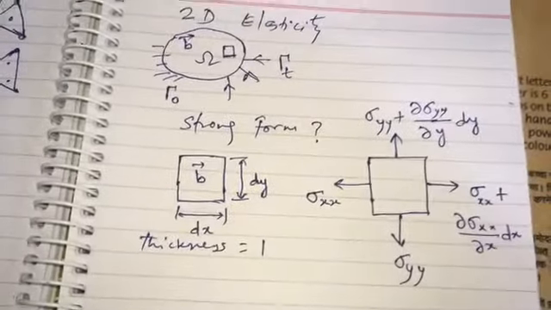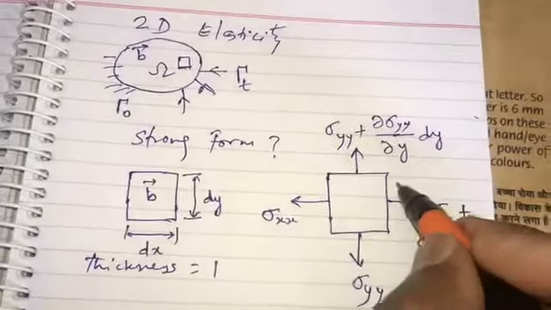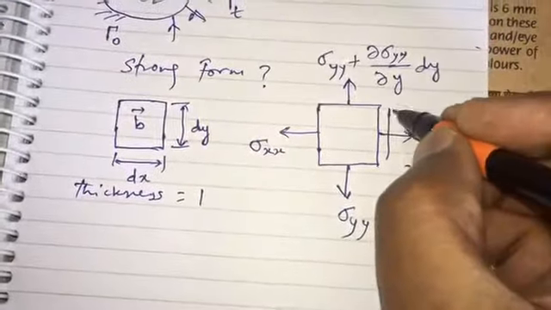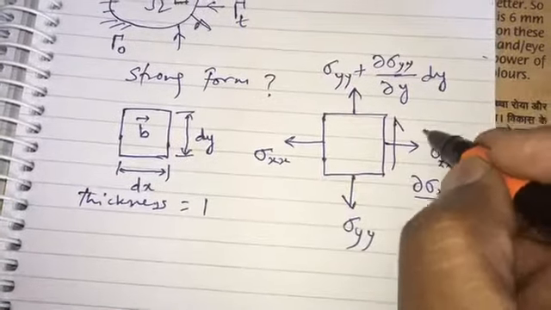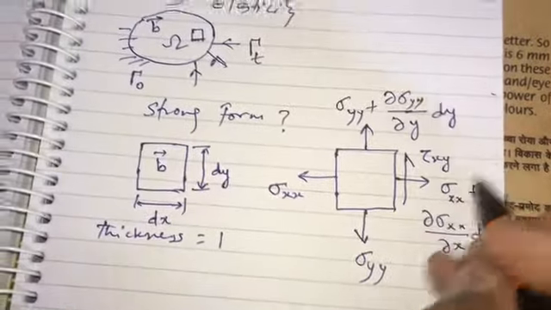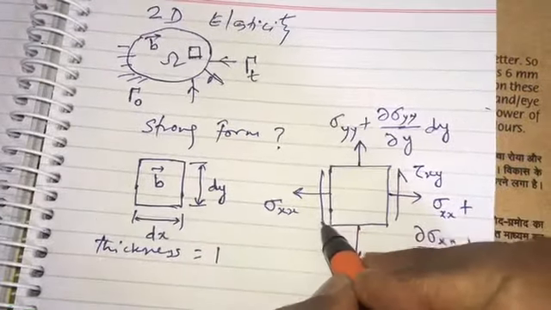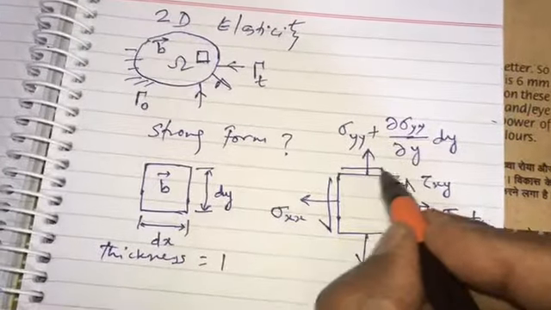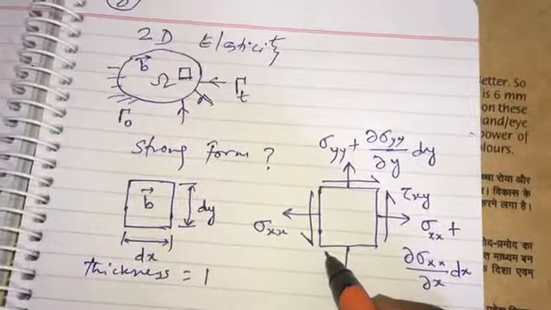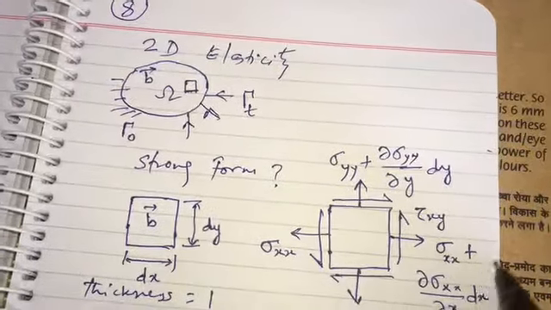Now apart from the normal stresses, there will also be the shear stresses. So then we have tau xy, and we know from solid mechanics that all these tau will be the same.